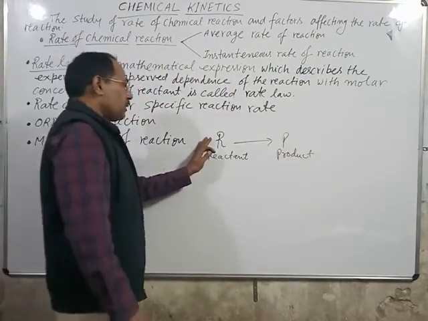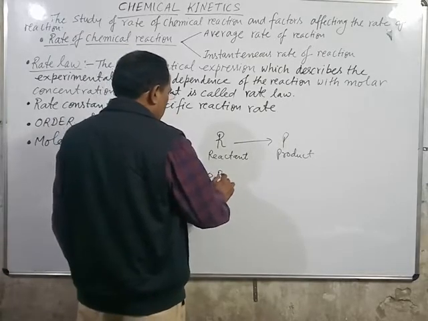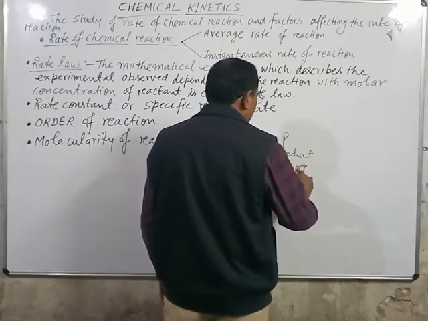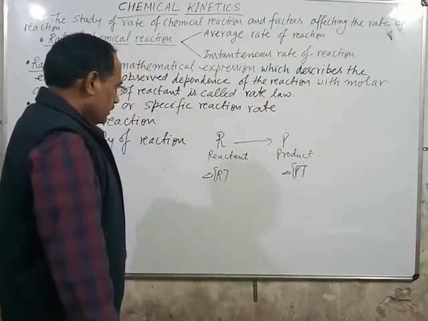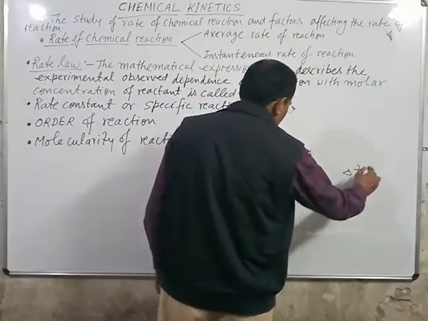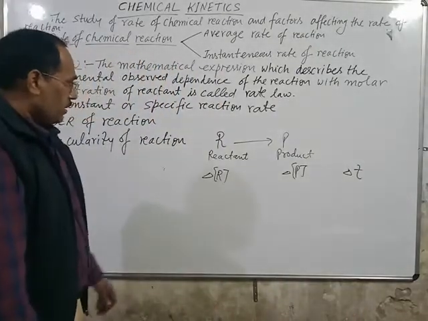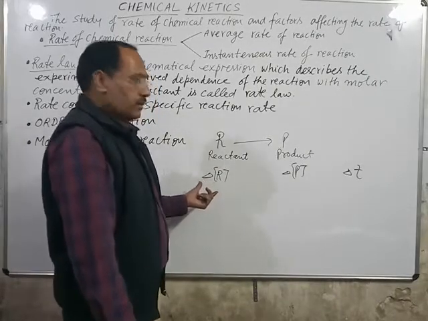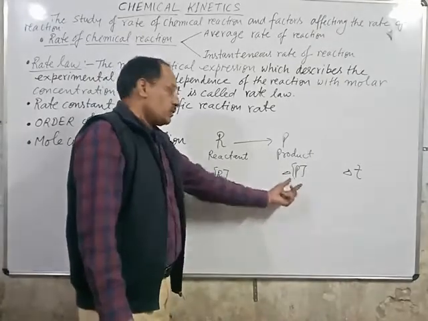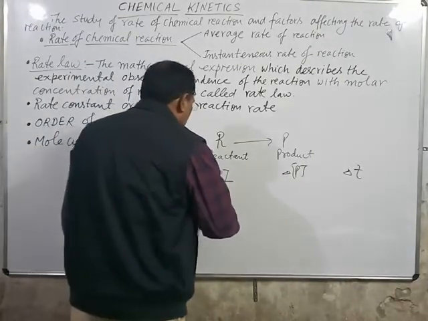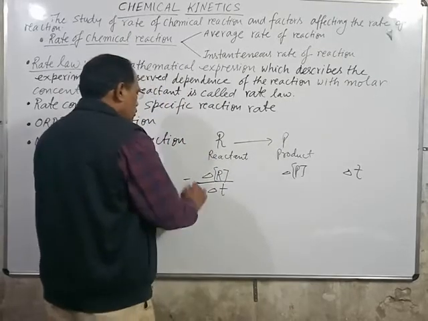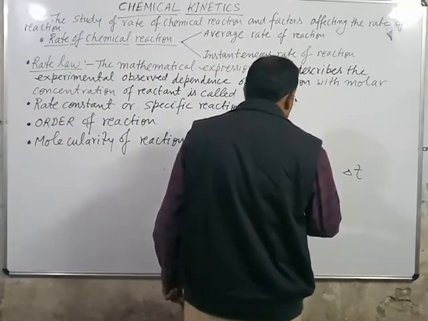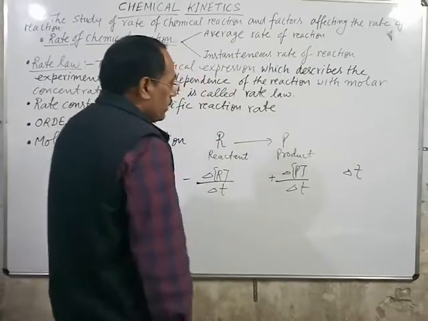If the change in concentration of the reactant is delta R and the change in concentration of the product is delta P and the change in time is delta T, then delta R by delta T with negative sign is called rate of reaction and delta P by delta T with positive sign is called rate of reaction.